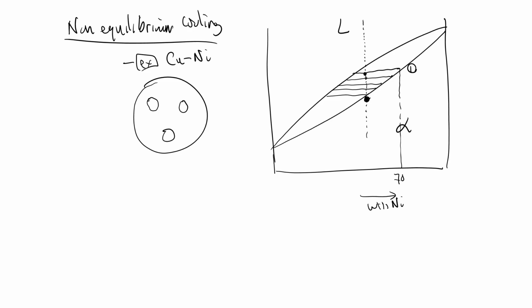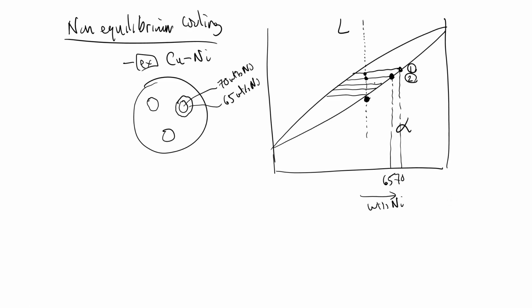But if I drop suddenly to temperature 2, do you all see that the composition of the next solid to be added is actually down here now at like 65? So the composition of the solid in here was 70 weight percent nickel, and then I added a little solid on the outside, but its composition is given over here at temperature 2. It's about 65 weight percent nickel.